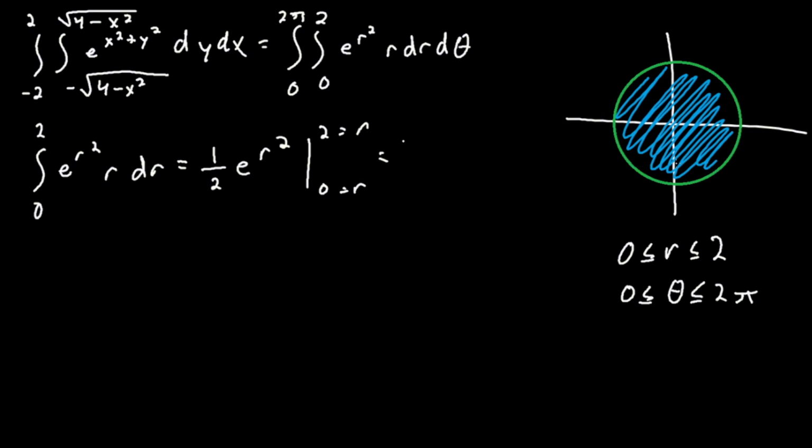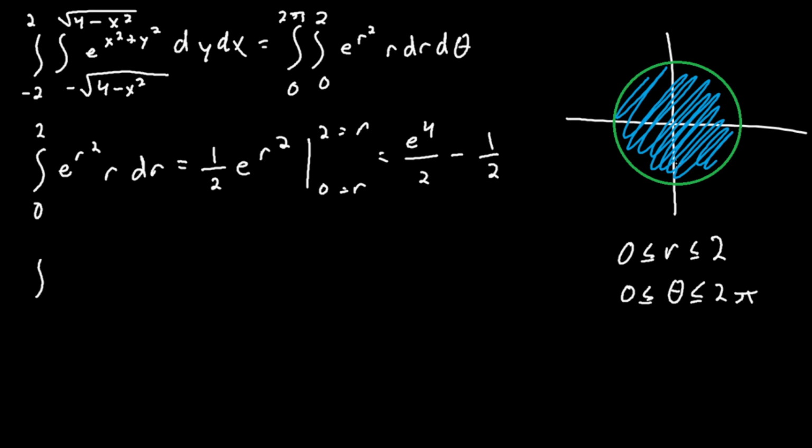If you plug in 2, you get 1/2 e to the power of 4 over 2 minus e to the power of 0, which is just 1. So we get 1/2. If you want to simplify this even further, actually, you don't have to.